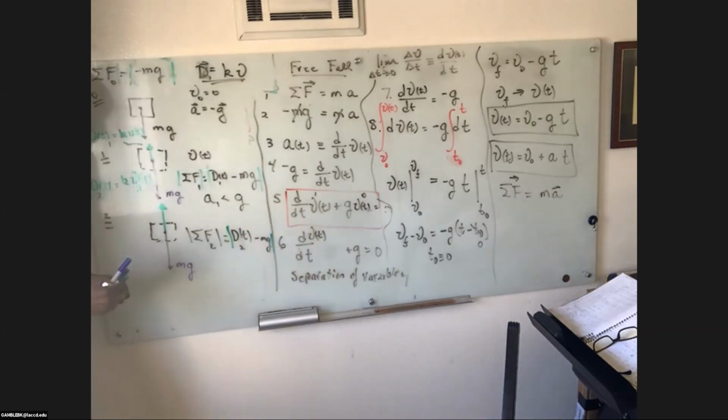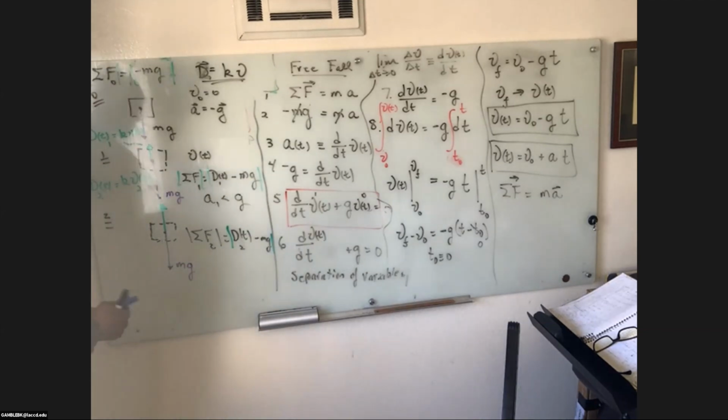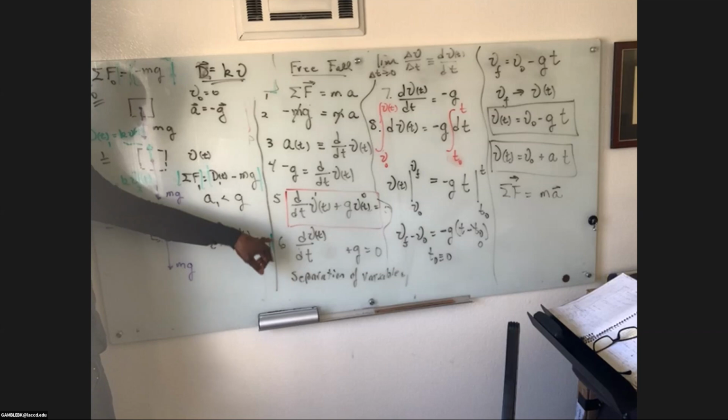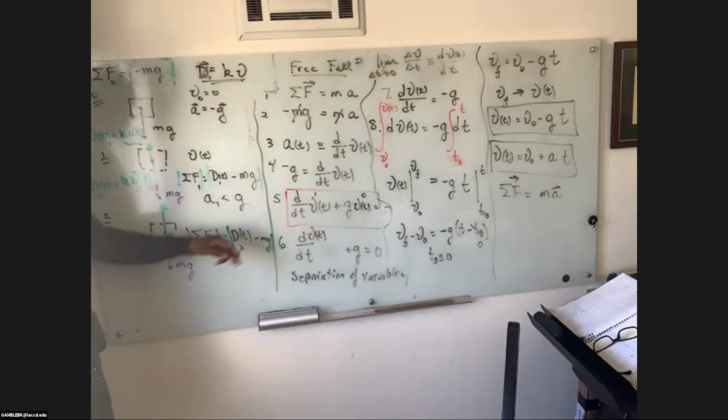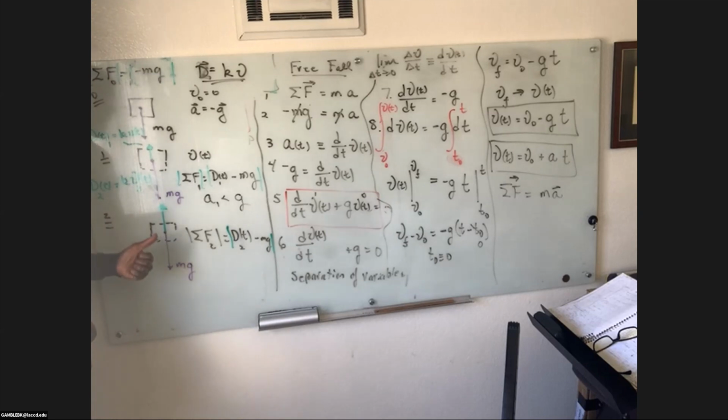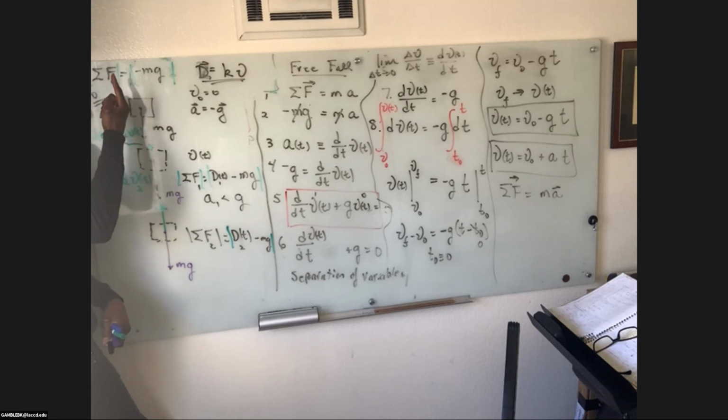But basically, at this point, the magnitude of the weight is larger than the magnitude of the drag force. The drag force is increasing, but I know that the magnitude of mg is at the very least greater, because if the drag force were greater, the object would start to go up.